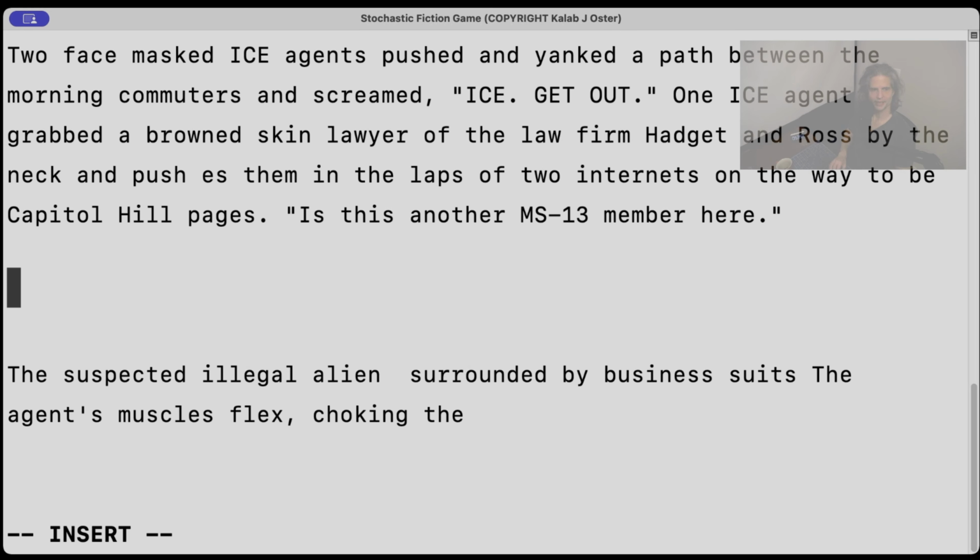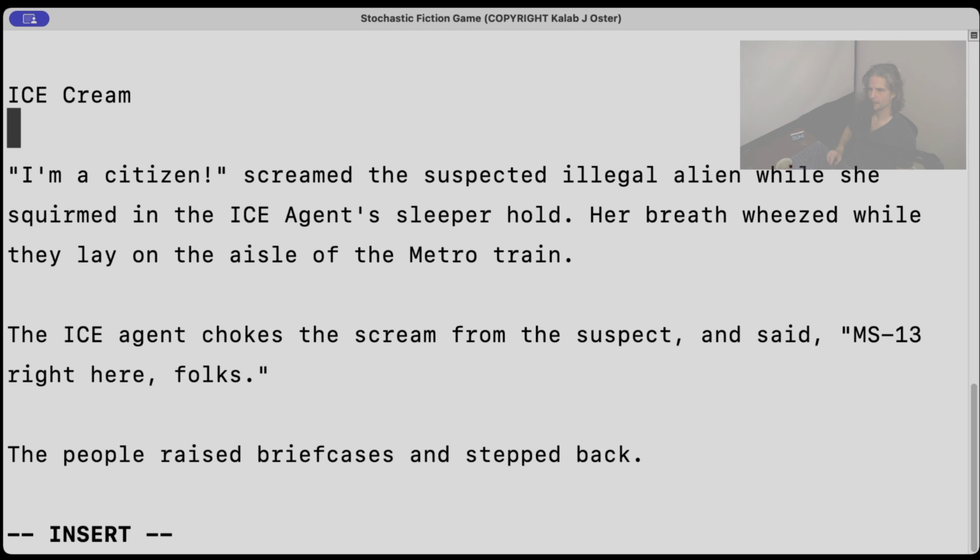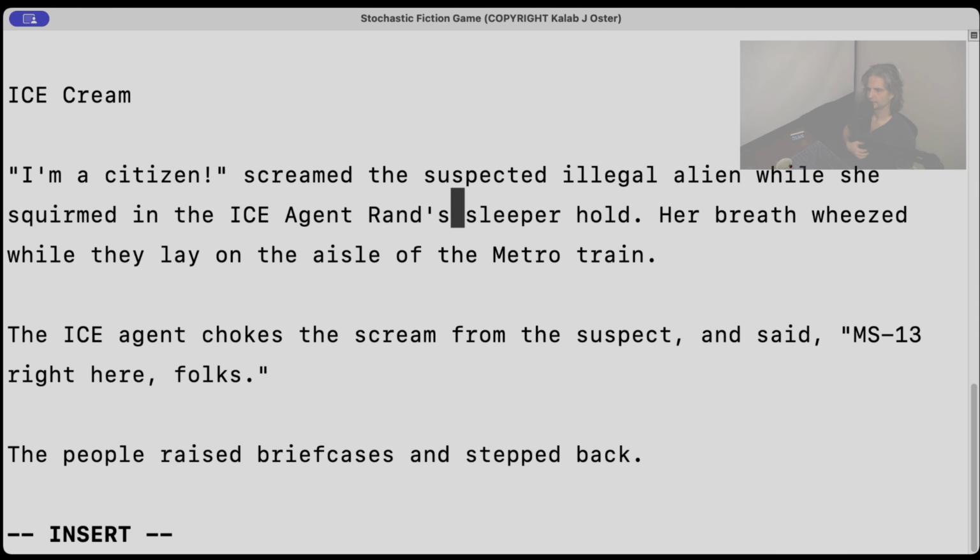How am I going to get back without conflating the one on the floor, I guess? The other ICE agent. We got to give this ICE agent a name. ICE agent. Agent Rand. I don't know where Rand's. Maybe I know. It's Rand Paul.